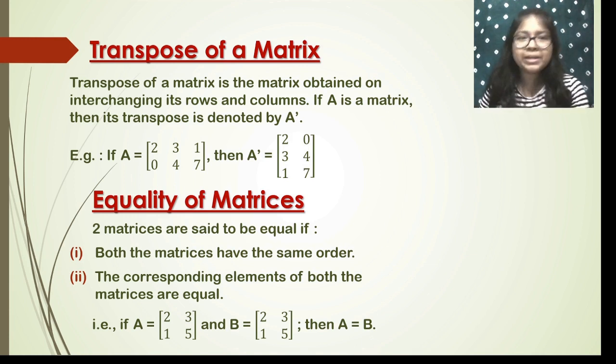Moving to the next topic, that is transpose of a matrix. Transpose of a matrix is the matrix obtained on interchanging its rows and columns. If A is a matrix, then its transpose is denoted by A complement or A transpose.